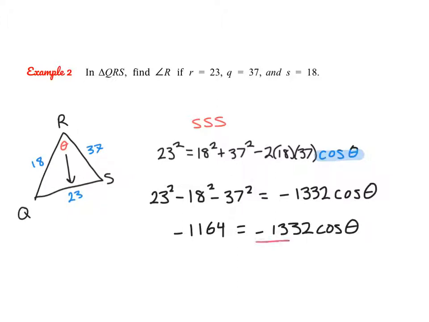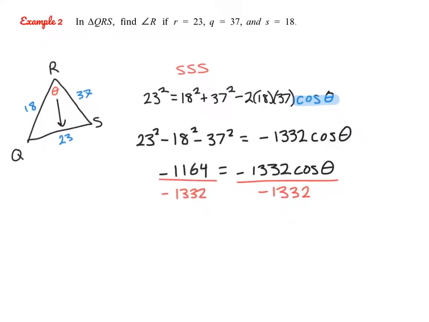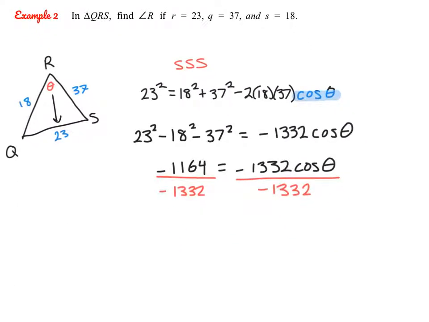And then we're going to divide both sides by negative 1,332. And we will get a decimal approximation for that, and that's okay. So we'll get 0.87, so I rounded to the hundredths here, equals the cosine of theta.